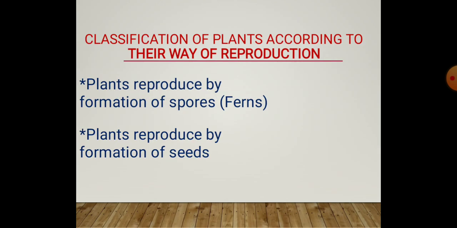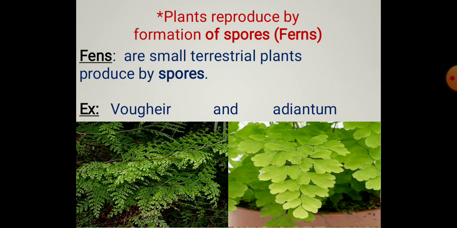Number two, classification of plants according to their way of reproduction into. Plants reproduce by formation of spores, or ferns, and number two, plants reproduce by formation of seeds. First, we will start with plants that reproduce by formation of spores, or ferns.